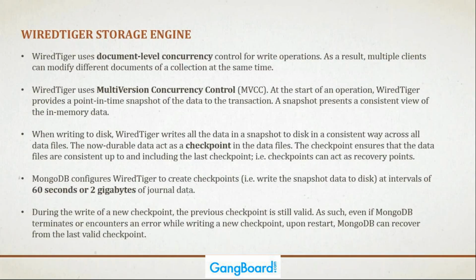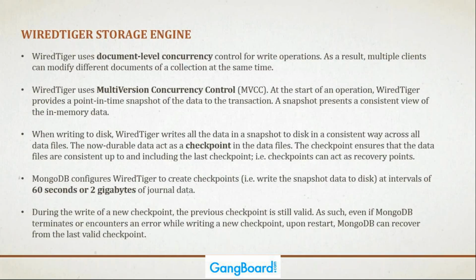So, sir, what I understood is that through WiredTiger, when one is updating a document, first the snapshot of that document is taken and it will be in memory. Once he has updated the document, then that snapshot will be updated, the checkpoint occurs, and it will update the old data with the new data, right?